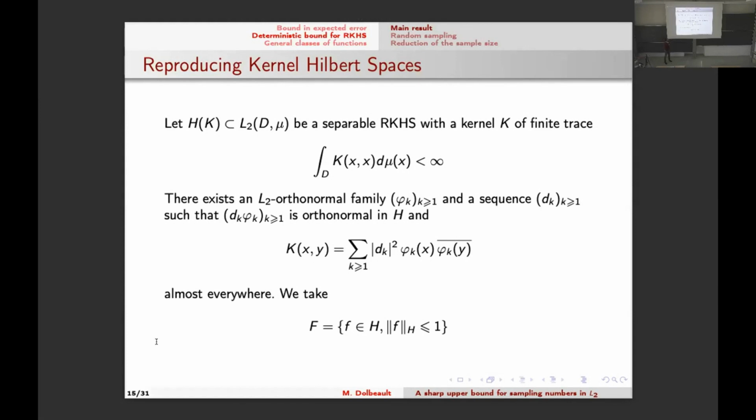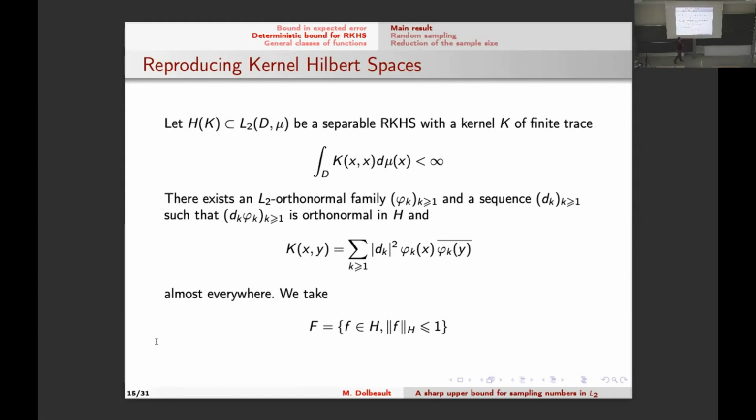To do so, I will work in the setting of reproducing kernel Hilbert spaces. I see I'm a bit late, so I will skip the last part. Just a brief reminder: a reproducing kernel Hilbert space is a Hilbert space with a kernel K, which can be written as a sum of singular values times basis functions.